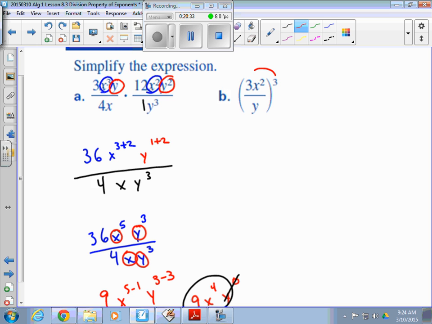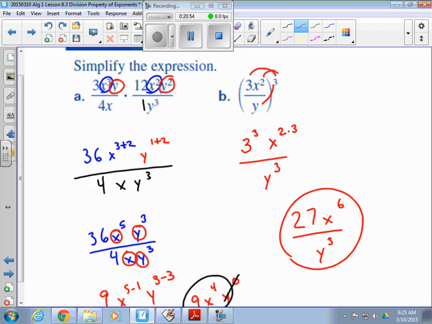Everything gets cubed. 3 gets cubed. X squared gets cubed, that means 2 times 3. And y gets cubed. 3 to the 3rd power is going to be 27. X to the 2 times 3 is to the 6th. Y to the 3rd. You don't subtract 6 and 3 because one is x and one is y. 27x to the 6th, y to the 3rd.